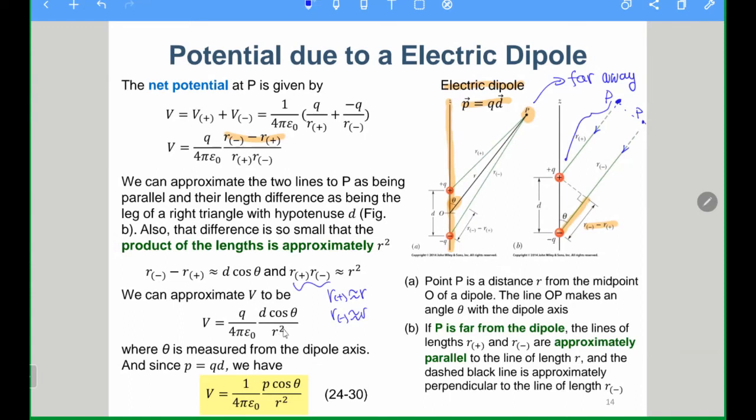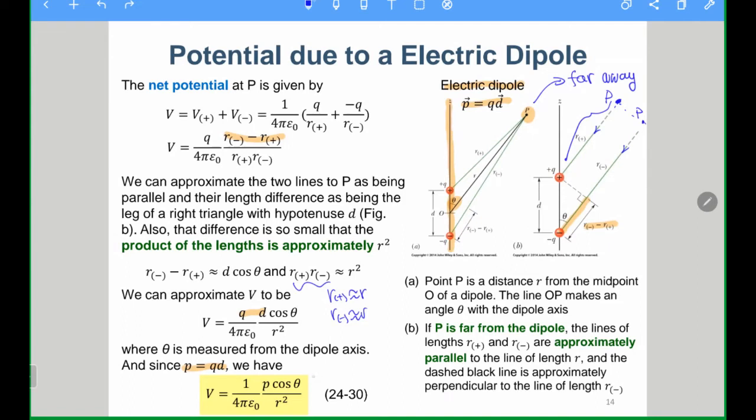So using the definition of the dipole moment, we exchange this one to be P. So we have K times P cosine theta over R squared. If you have a chance to study electromagnetism, if you are an ECE student, this is the so-called antenna model.